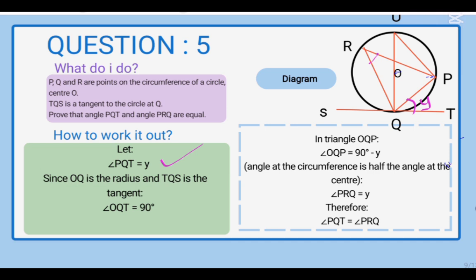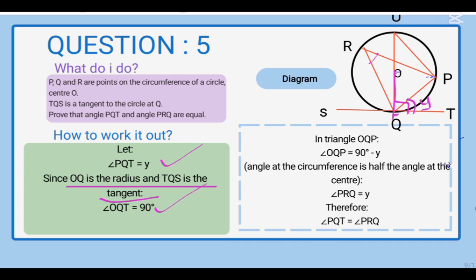Then since OQ is the radius and TQ is the tangent, O to Q, you can see O to Q, you can say that the whole of this is 90 degrees, because the tangent and the radius meet at angle 90 degrees.